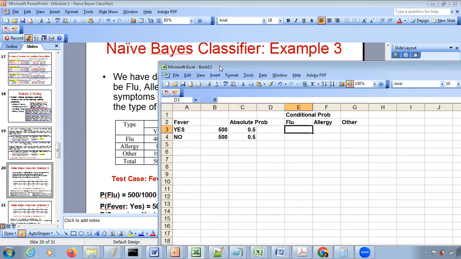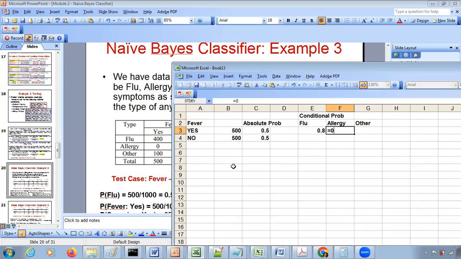So we can say 400 over 500. Out of the 500 who had fever, 400 had flu, and 0 over 500 for allergy and 100 over 500 for other diseases.